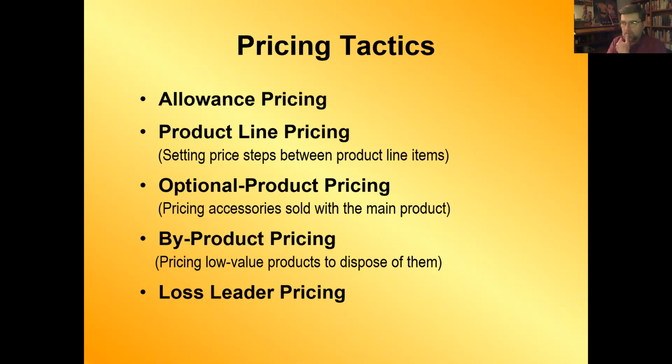Let's say I'm going to buy a car, and it's going to cost me $20,000, and they'll give me $500 off if I give them my old car. A lot of people will do that just as a way of disposing of their old car. Not actually a great deal for the consumer. If you can sell your car, assuming it runs, you might get more for it than what they're going to give you. But it's a way of dropping the price of the car.